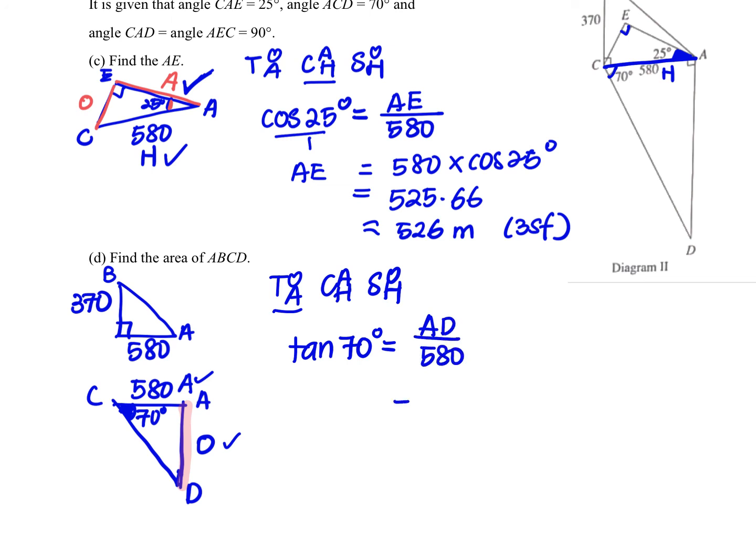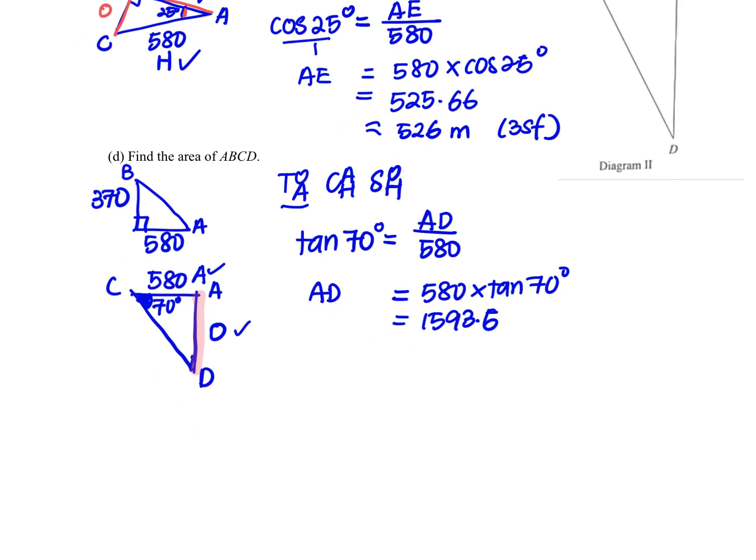We are looking for length, so we should just cross multiply. So AD will be equals to 580 times tangent 70. And that gives me 1593.6 meters. But since this is only the working, not the final answer, I'll leave it in 3 sig fig.